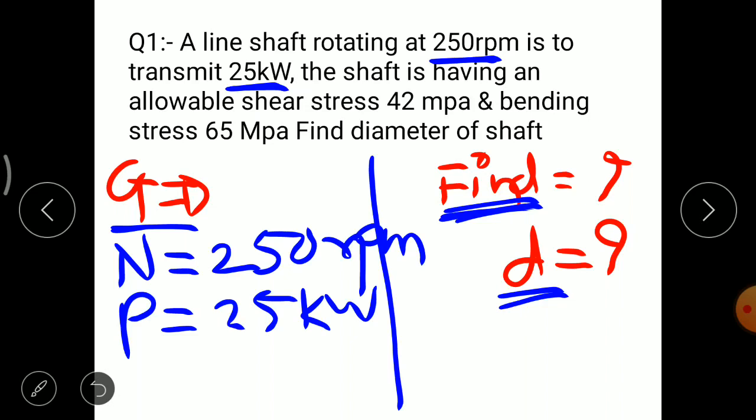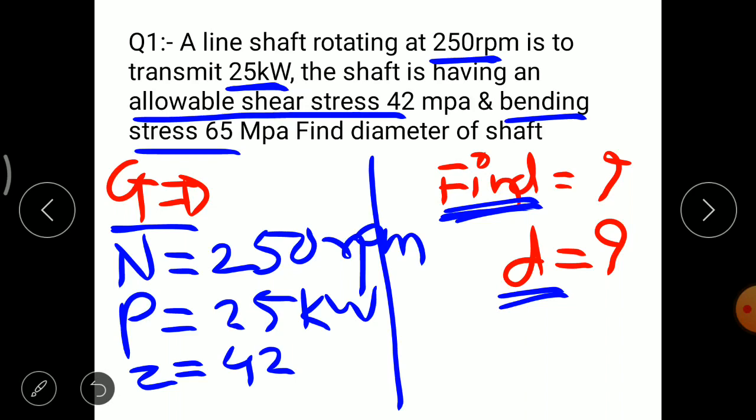Then we have the next quantity, that is allowable shear stress. Shear stress is denoted by tau and the value of shear stress is 42 MPa. Then we have the bending stress here, that is sigma B equal to 65 MPa.